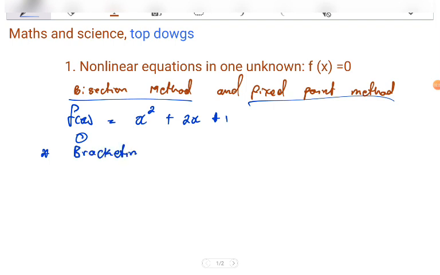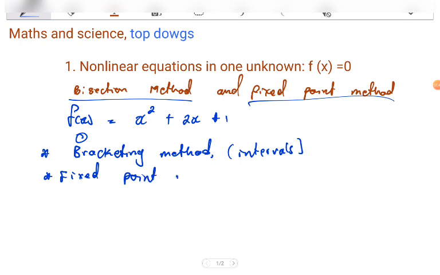As the name suggests, the bracketing method uses intervals.